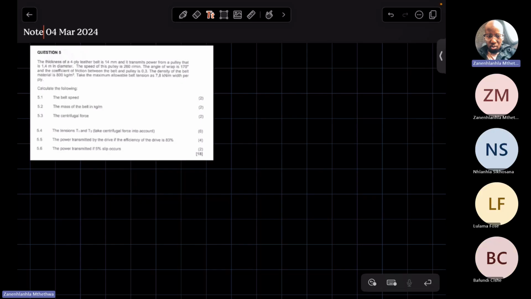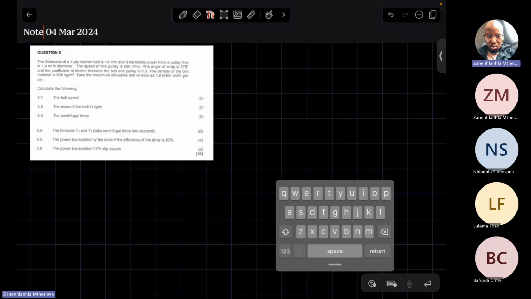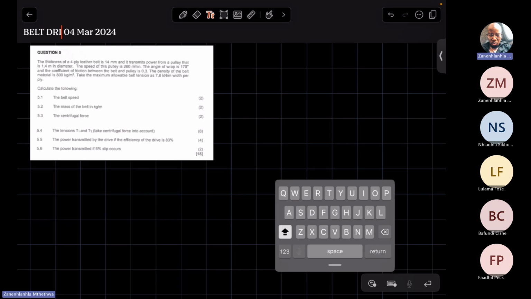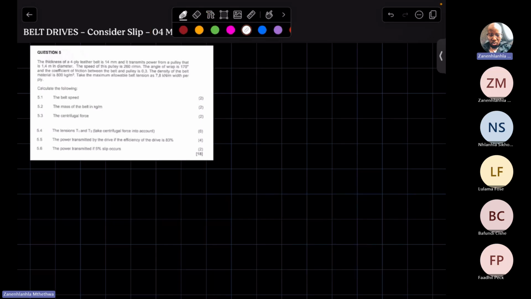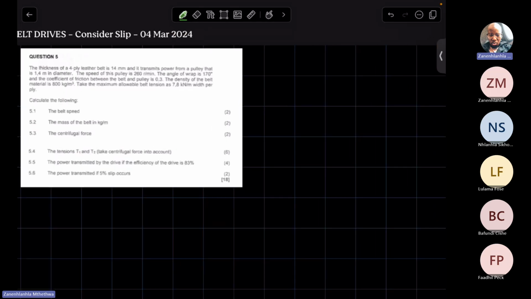This is belt drives, considering slip. Now let's take a look at this problem.